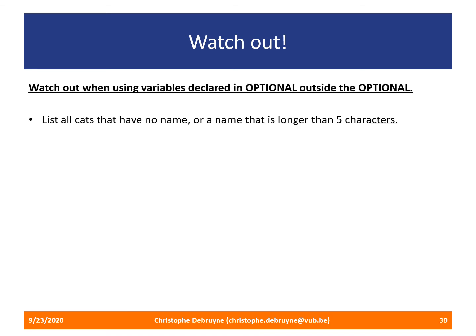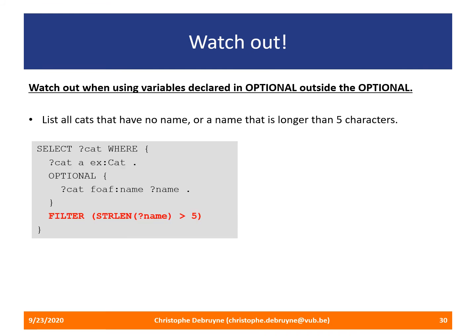In practice, that means you have to watch out when using variables declared in an optional pattern outside said optional pattern. For example, assume that we have an RDF dataset containing cats and that some cats have no name. So we want to retrieve all the cats that have no name, or when they have a name, then that name is longer than 5 characters.